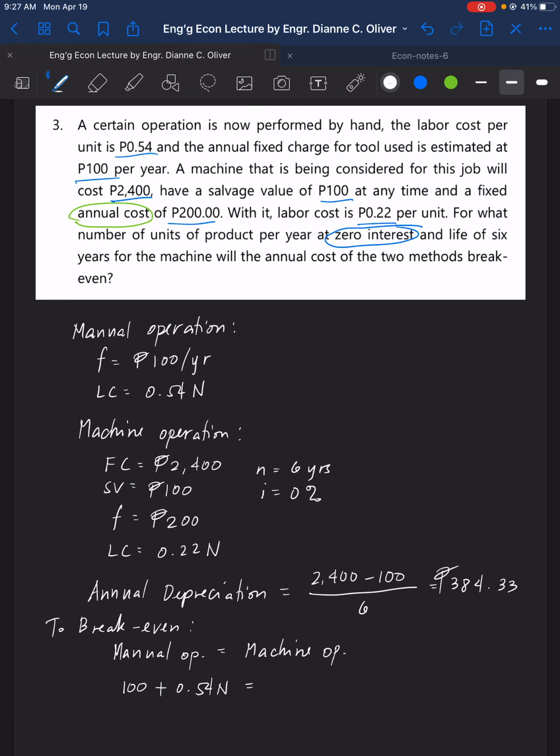Equals, for the machine operation, we have 384.33 plus we have 200 plus 0.22 n. So what's the value of n?